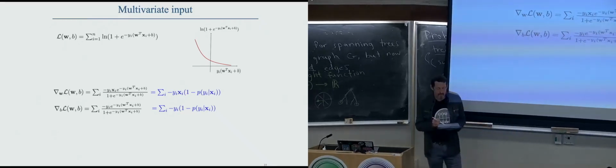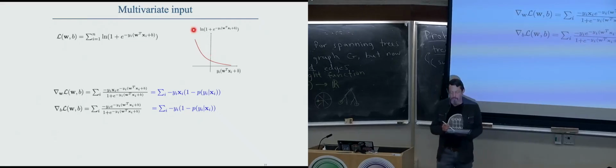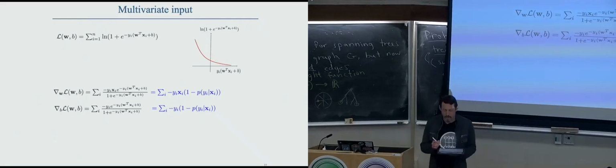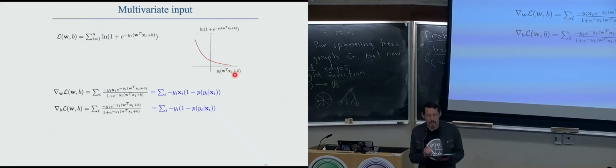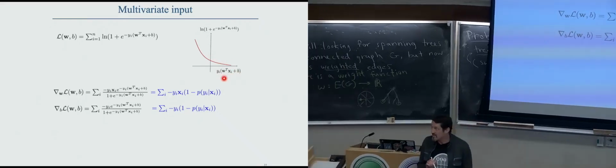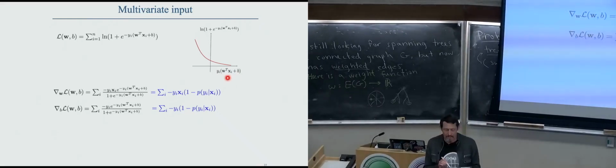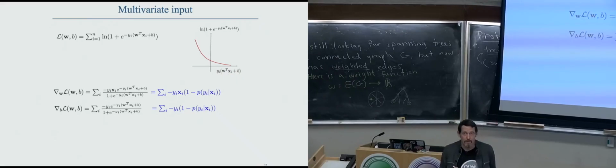So this is generically the shape of the log loss, where this axis is yi times wx plus b. It's the stuff inside the logistic function, right? The linear algebra. In other words, let's think about what that means. What is yi times wx plus b?